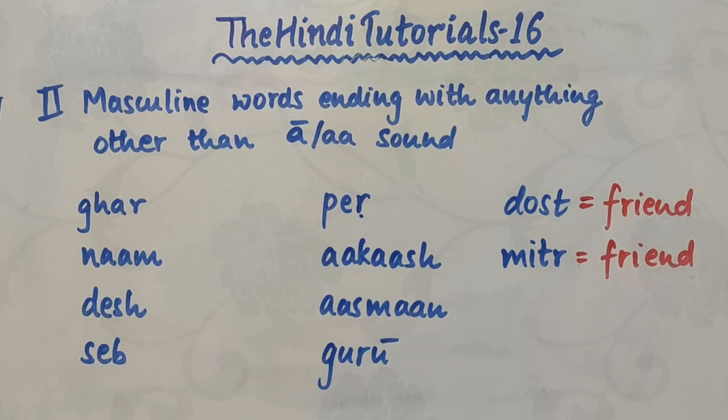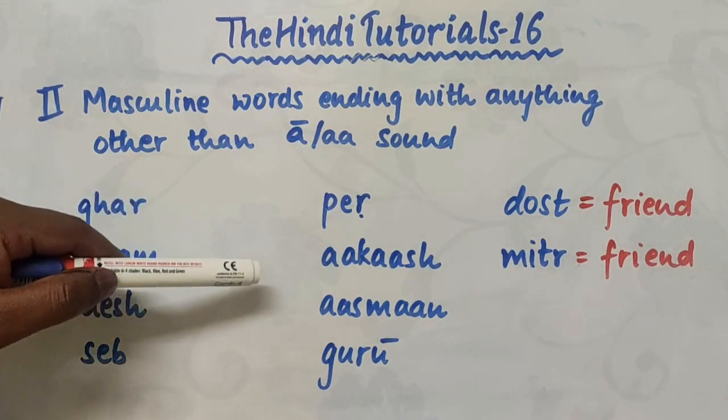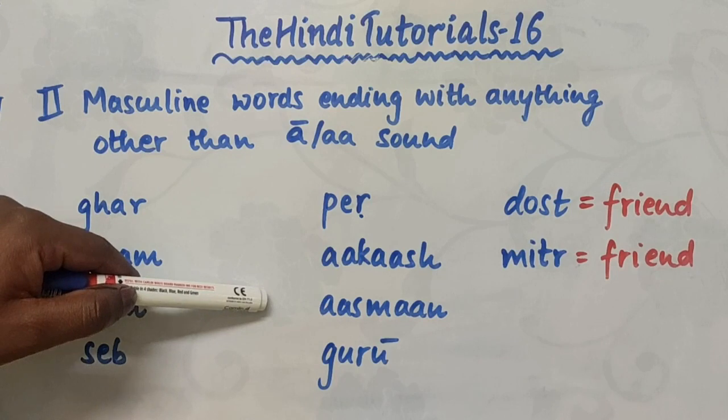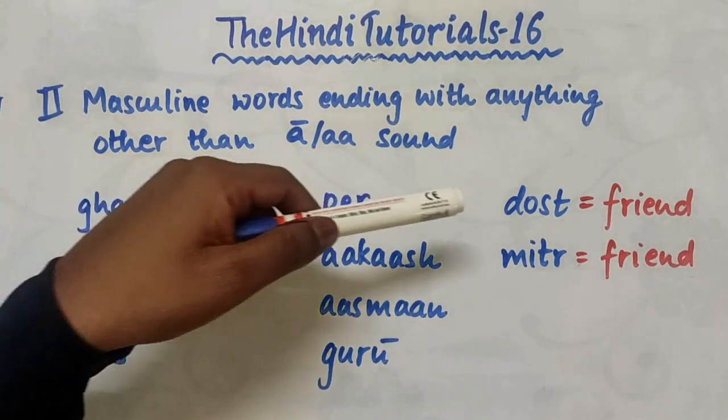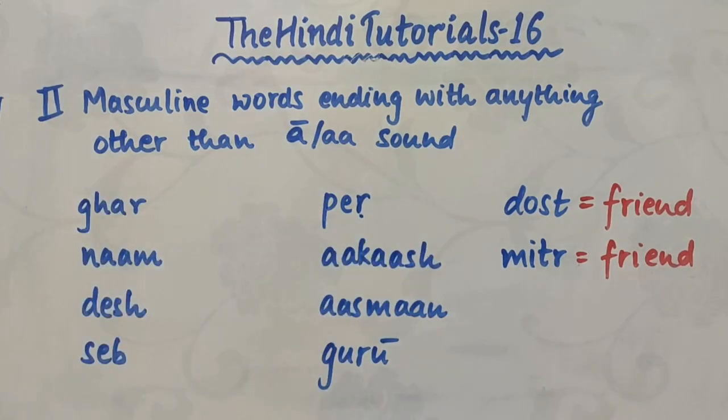If you remember, we have already studied all these words earlier: ghar, house; naam, name; desh, country; seb, apple; ped, tree; akash and asman, sky; guru, a guru. Okay. Dost and mitra, these are 2 new words for you, both of which mean friend, dost, mitra.